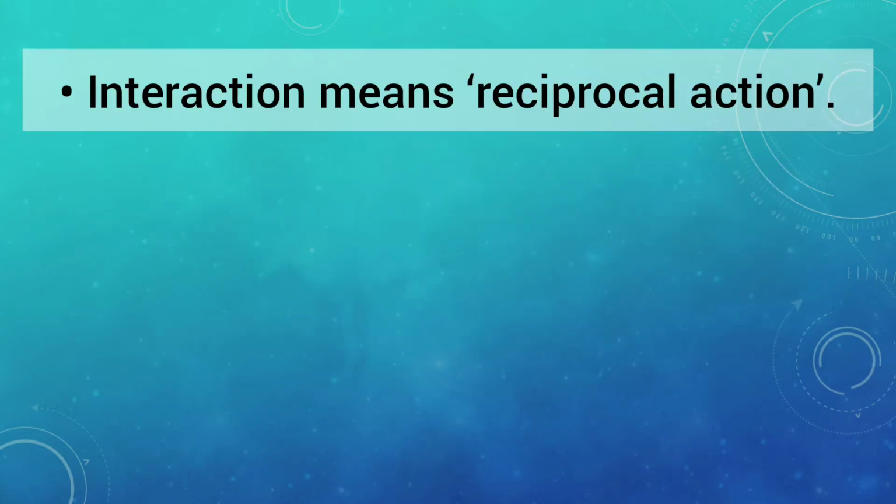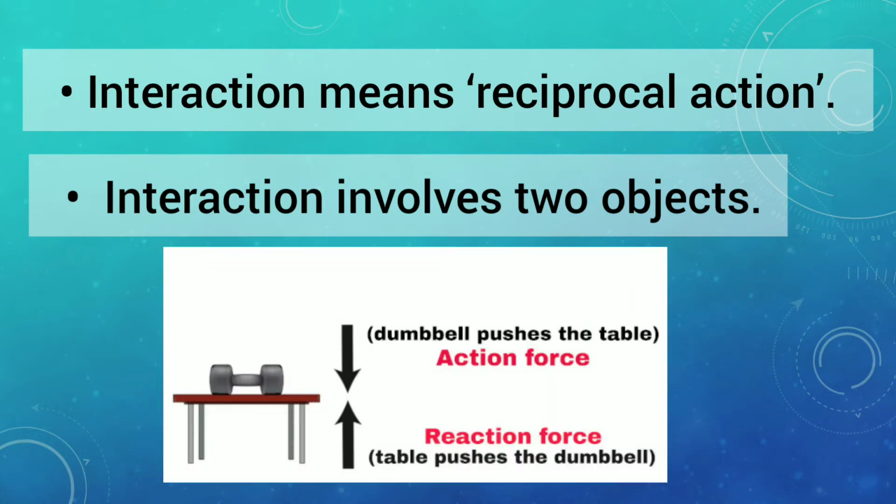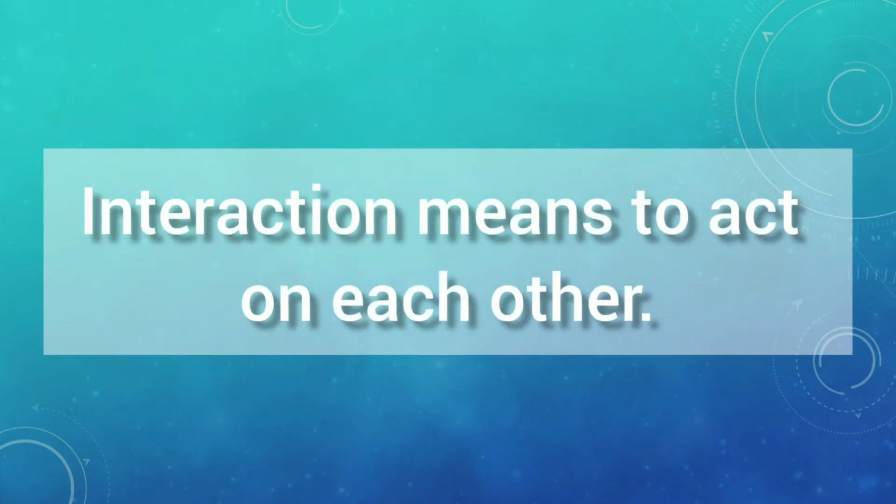Interaction means reciprocal action. Interaction involves two objects. In interaction, each object acts in such a way as to have an effect on the other object. In most simple words, interaction means to act on each other.